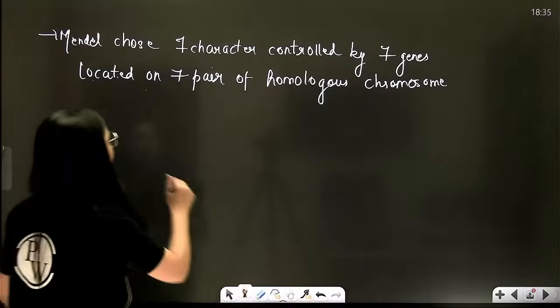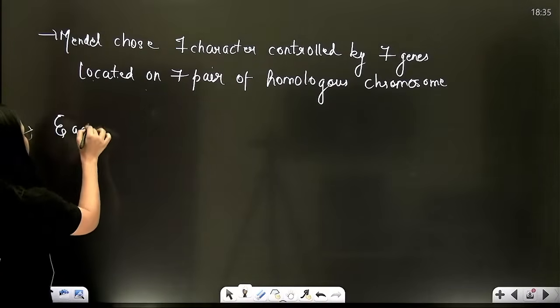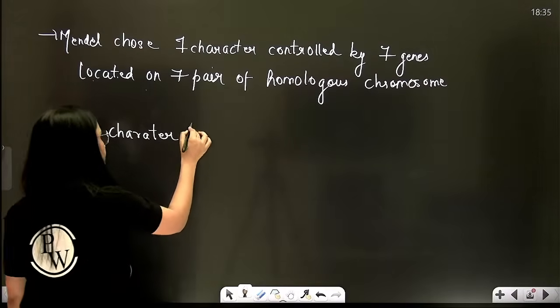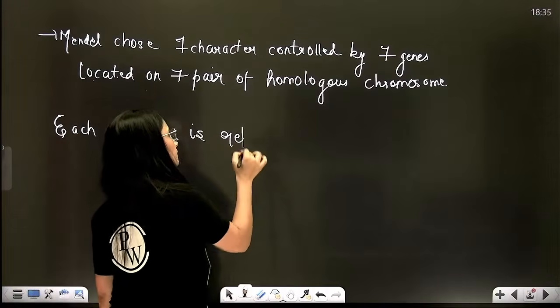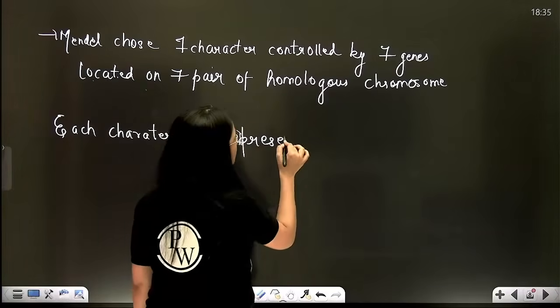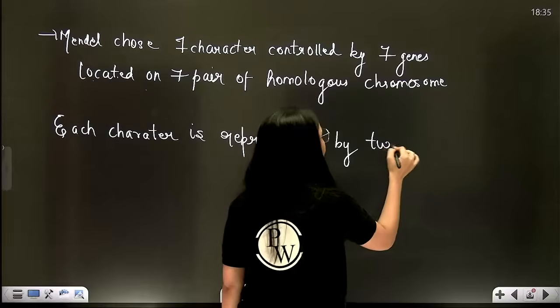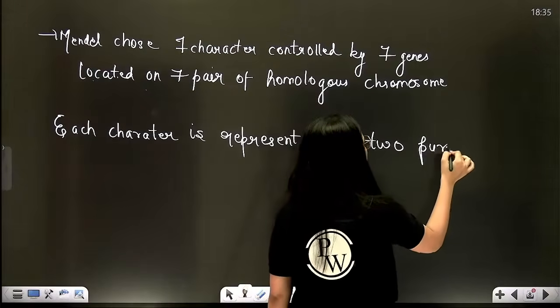Now, each character is represented by 2 pure lines.